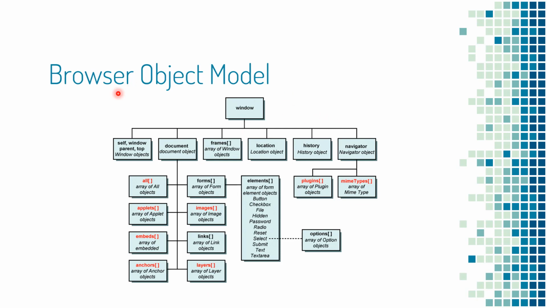So in general, the browser object model is hierarchical in nature. That means some of the objects have children, and the start, or we can call it the root object, is the window.